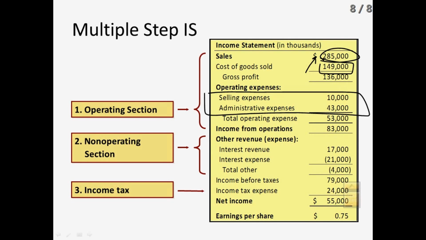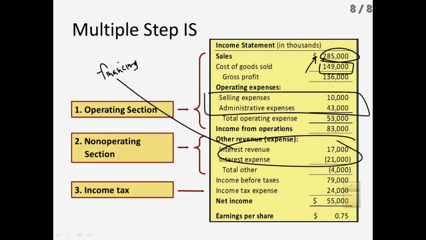Then interest revenue and interest expense. This depends on the financing decisions I make, not on the sales decisions I make. Now, obviously, if the only source of interest revenue is my sales, then of course interest revenue might be driven by sales, but interest expense is not really related to sales, it's related to borrowing. So those are things that are different.